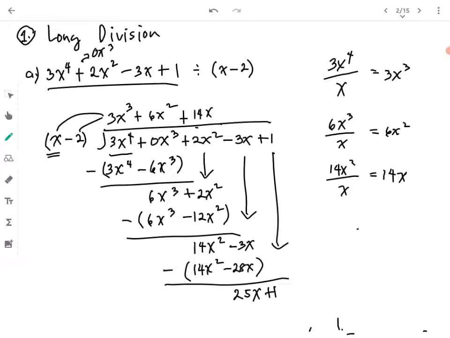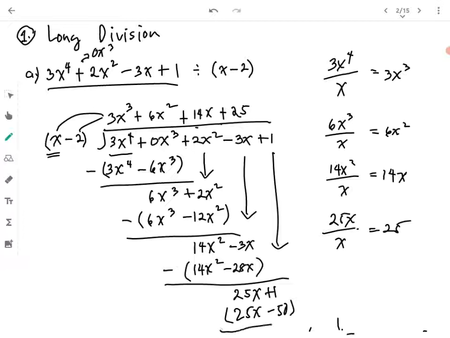Then we divide again: 25x divided by x, we will have plus 25. Then we distribute again: 25 times x gives us 25x, and 25 times negative 2 gives negative 50.